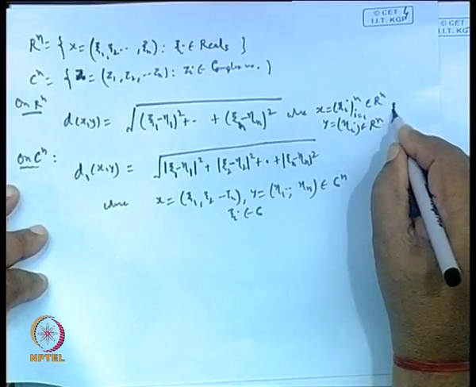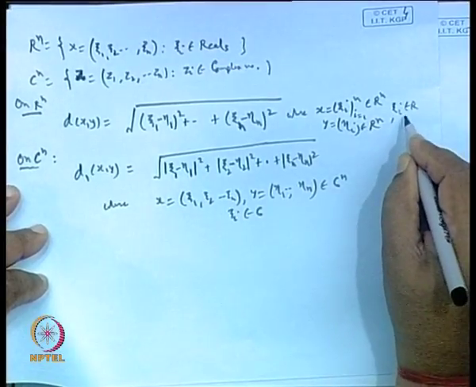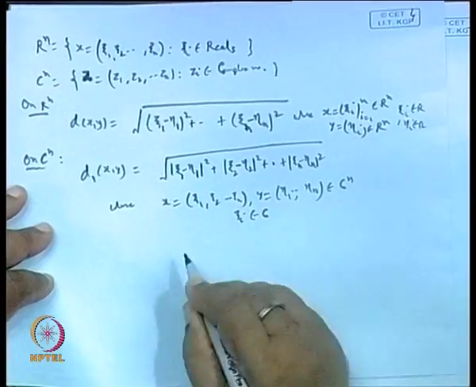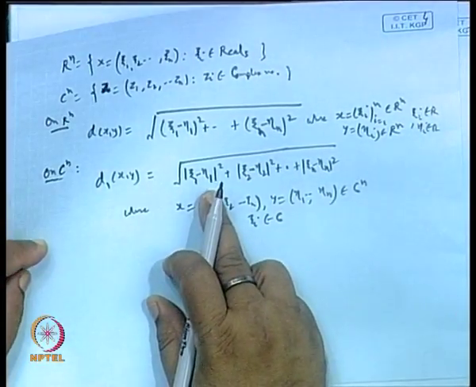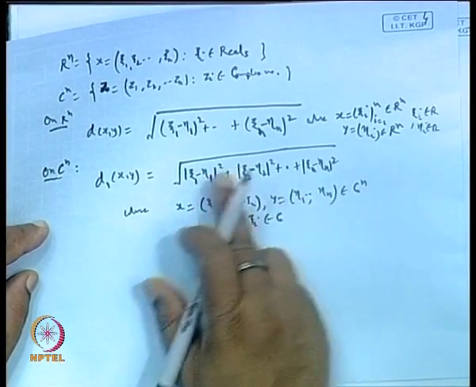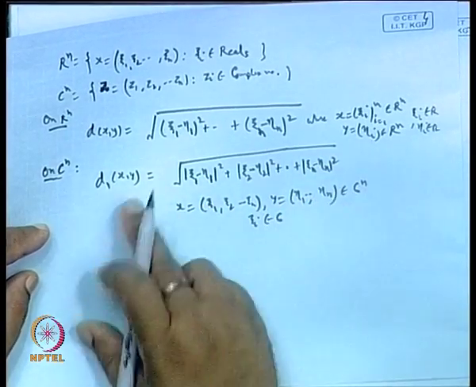Here they are complex numbers. So that is why the modulus is used, so that this quantity becomes real and non-negative.